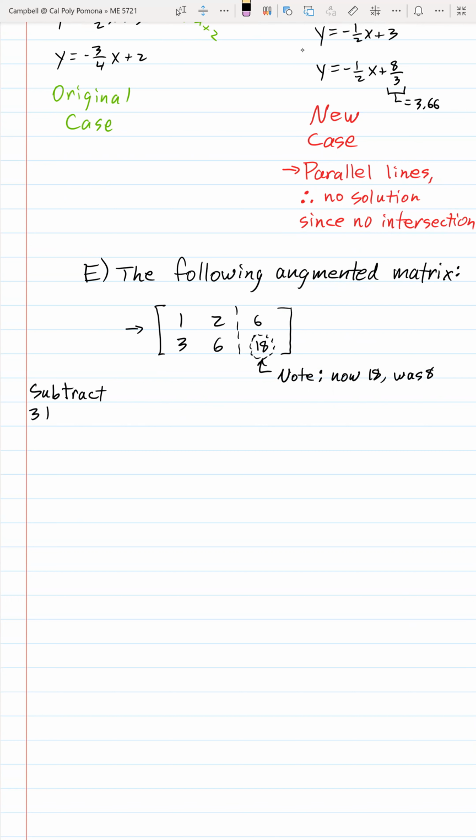So let's now go ahead and subtract 3 times the first row from the second row.